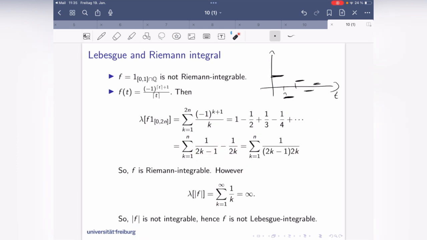And basically that's something like 1 over k squared times some constants and a bit shifted. But that means, if n goes to infinity, that goes to a constant c which is finite. And that c is then the Riemann integral over this function f. And this function f is therefore Riemann, but not Lebesgue integrable.